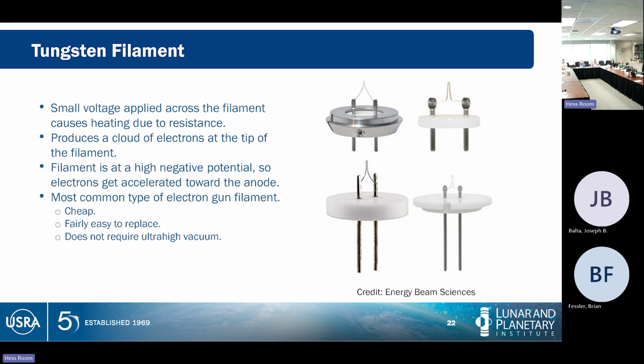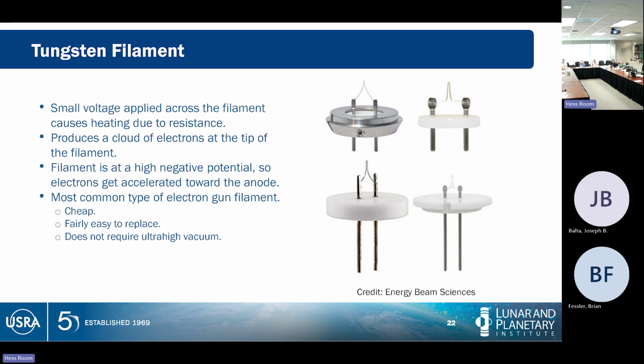So this wire generates free and loose electrons. Now we apply an accelerating voltage to draw the electrons away from this tip, and we have a beam of electrons heading towards the column. That's the basic operation of one of these.